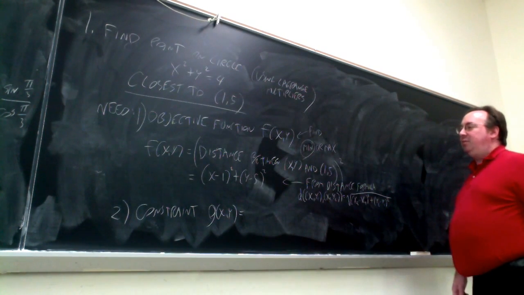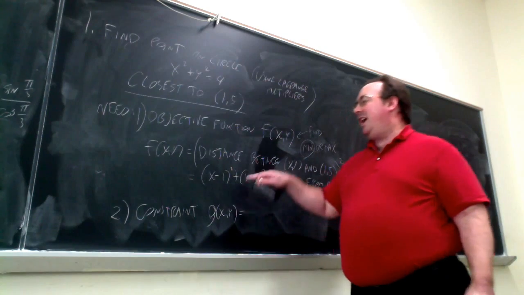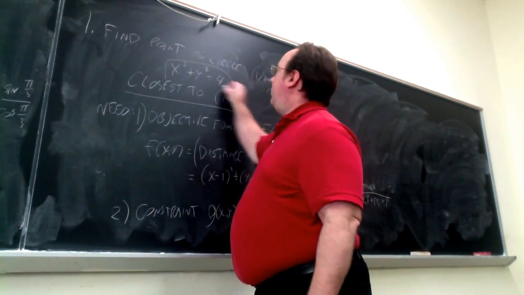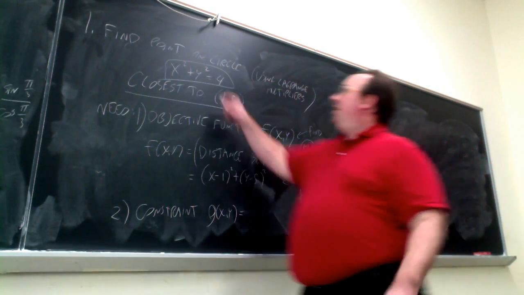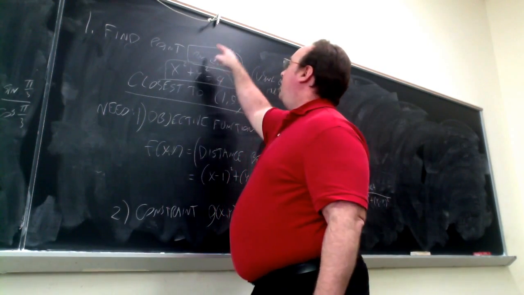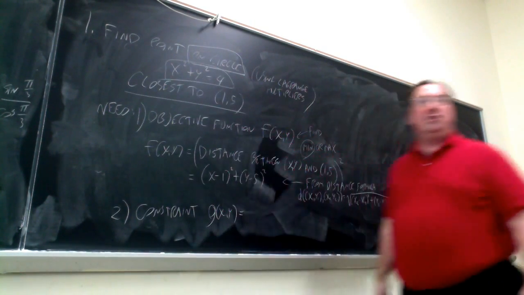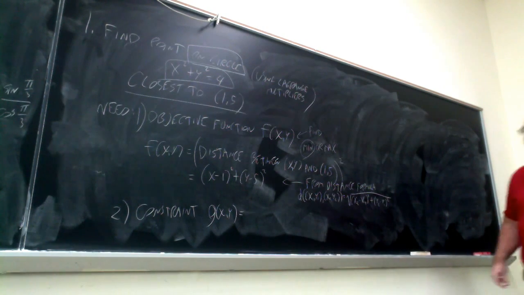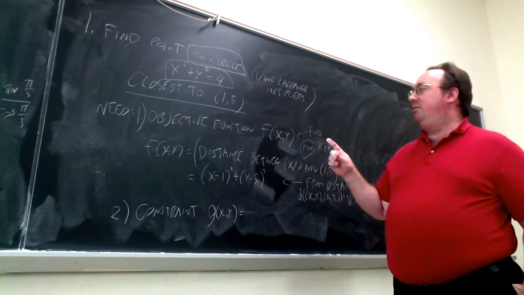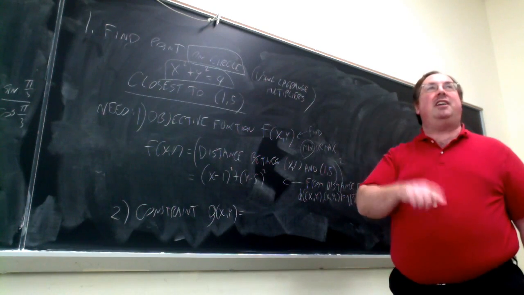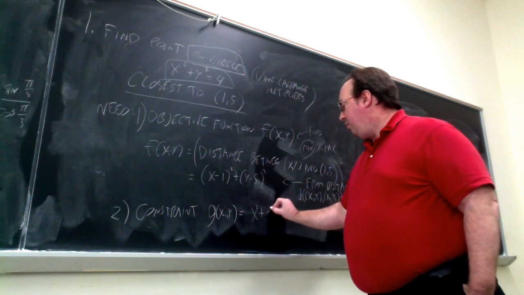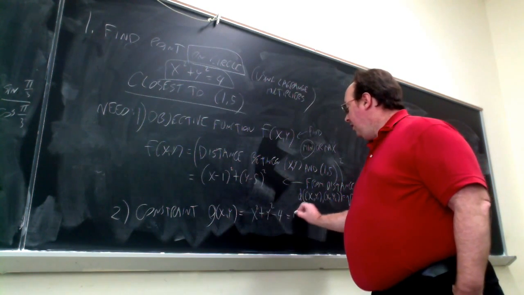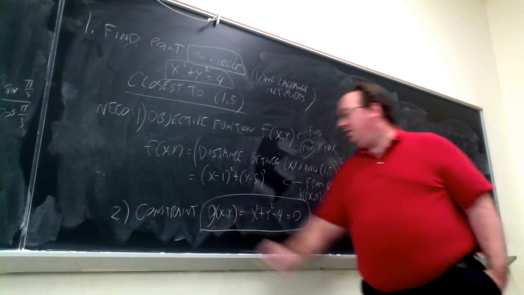The f of x, y would be 0. But we can't just pick any x, y. There's going to be some equation that limits where you can choose x, y from. This is a key phrase right here: find a point on the circle, and then the equation for that circle is given. That indicates what other equation x and y have to satisfy that's independent of this one. So that would be x squared plus y squared minus 4 is equal to 0. So this is your constraint.